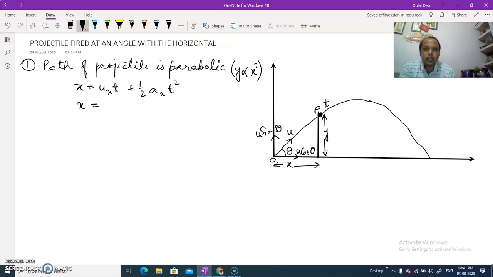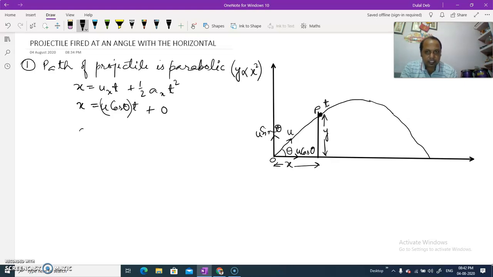So u_x, the initial velocity along the x-axis, is u cos theta, so it is u cos theta into t plus half a_x t square, where the acceleration a_x is 0.